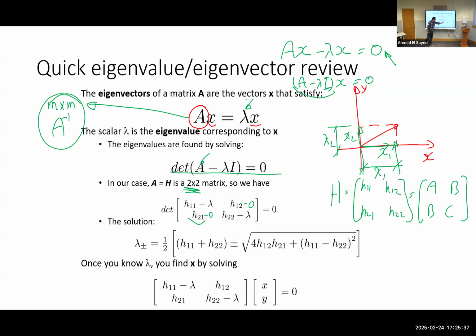Then I calculate the determinant of that. You know how to calculate the determinant, right? It's a 2 by 2 matrix. In this case, the determinant is this times this minus this times this. So I write it here. It will be (H11 minus lambda) times (H22 minus lambda) minus H12 H21.